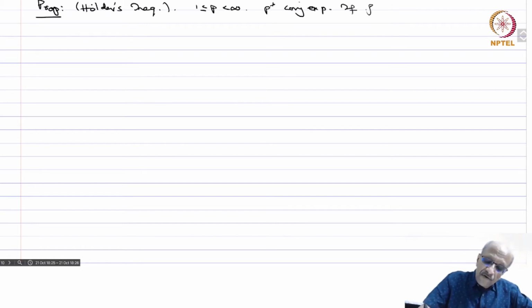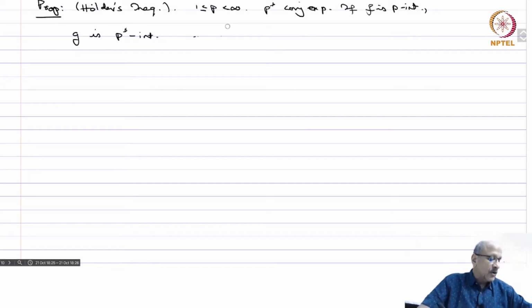If f is p integrable, g is p star integrable or essentially bounded, okay, doesn't matter, I have already defined p star so that I don't have to go ahead and redo it again.